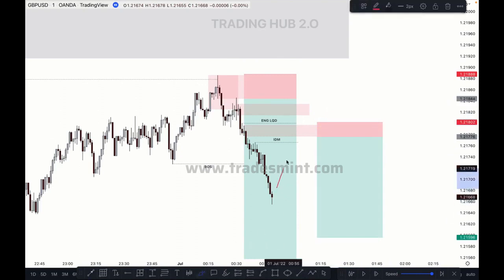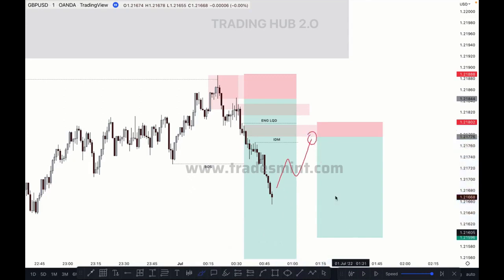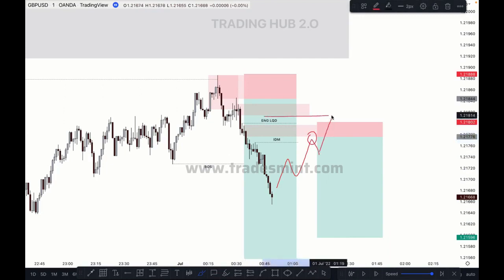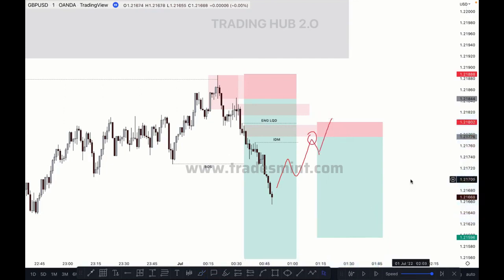There is a 50% chance market mitigates here and then pushes downside. But maybe market gives some reaction and then pushes higher to mitigate this and then pushes downside, because both scenarios are possible. So you have to wait for the confirmation.